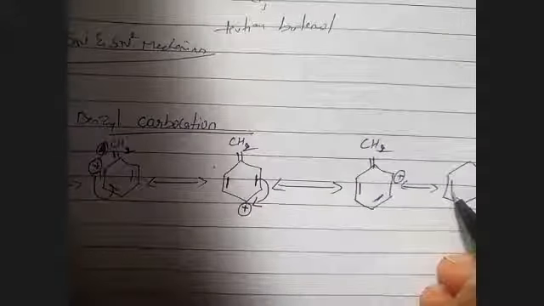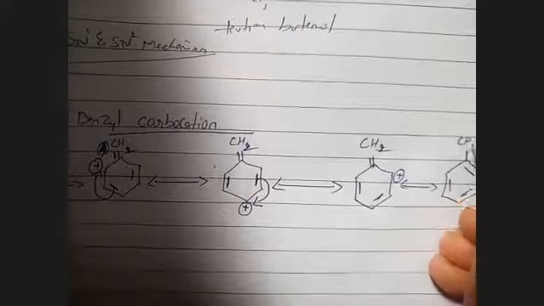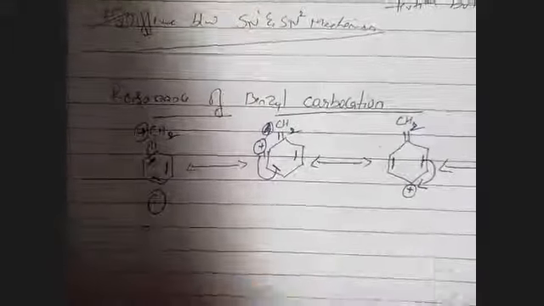Now again it changes. Again, this carbon attains the positive charge. So, ma'am, is it a carbocation again? Yes, but if you compare structure 2 with structure 1, you will see the differences.